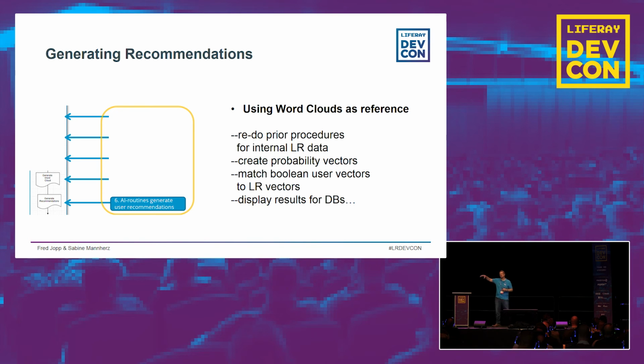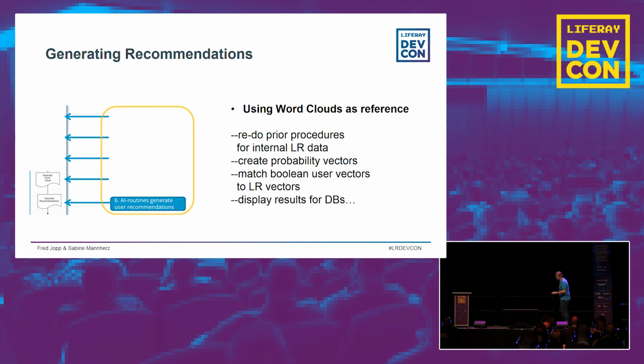We took the external data, the PDFs, the documents, all on premise, created the word clouds, and then redid the prior procedures that we did for the external data, for the documents, and matched the internal databases within Liferay, and created probability vectors: how likely is it that someone who has a word cloud constructed on the documents, the PDFs, would be interested in something like the events or whatever else might be in the Liferay context, okay?